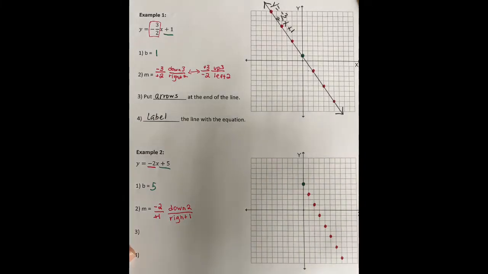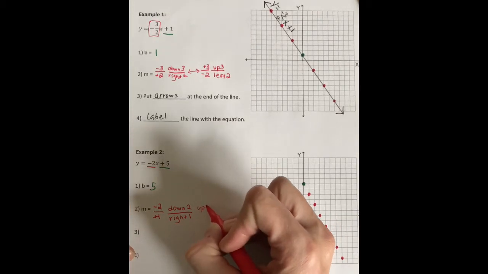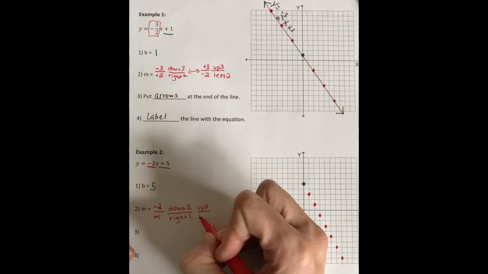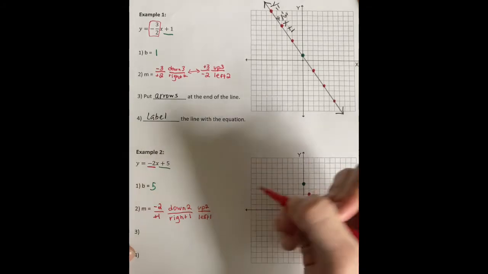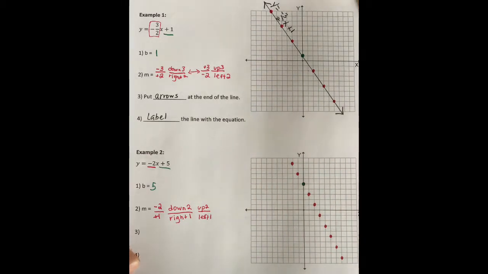Now, if I had to go the other direction, I need to do the opposite. So instead of going down 2, I'm going to go up 2. Instead of going right 1, I'm going to go left 1. So from that y-intercept, I'm going to go up 2, left 1, up 2, left 1.